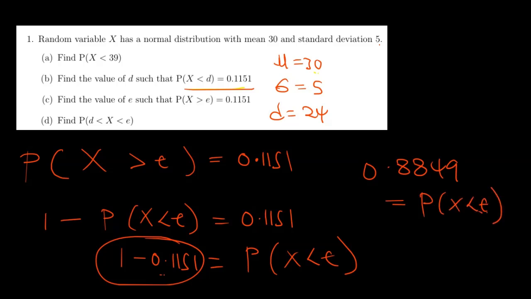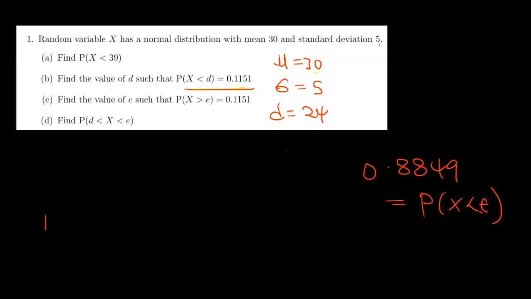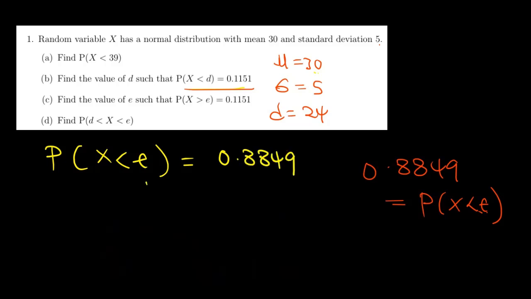So now we can use this to find the value of e. Okay, so let's say this. So we're going to say the probability of x less than e is equal to 0.8849. So now I want to find the value of this e.